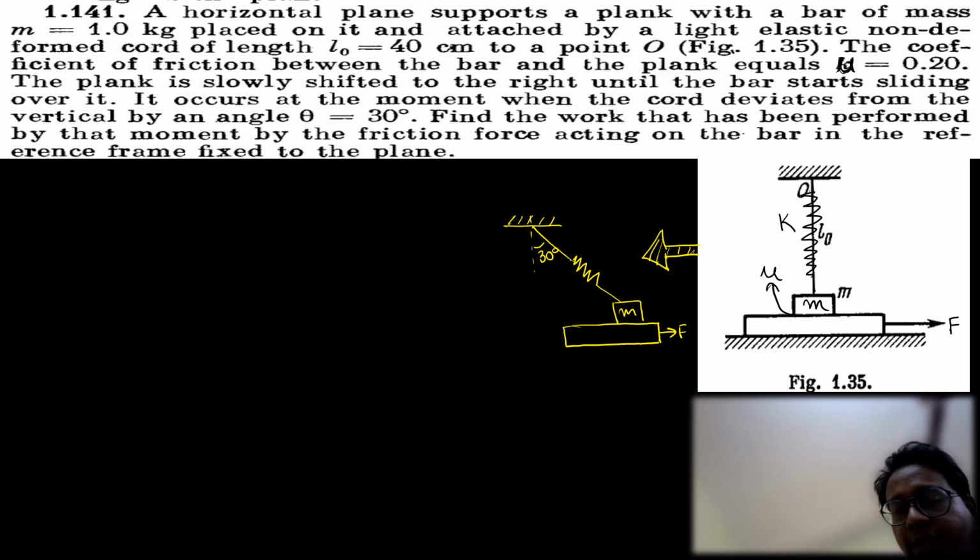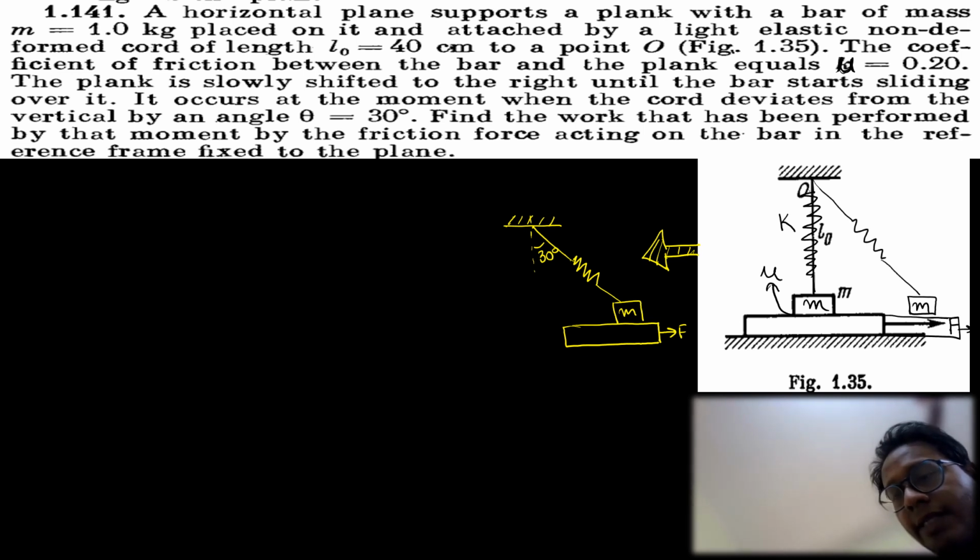So let's say the block started to slip somewhere around here, and this is the slab, and out here it started to slip. This angle is given as 30°. That means I have drawn this diagram and this diagram, that is the same thing. Out here the block started to slip.